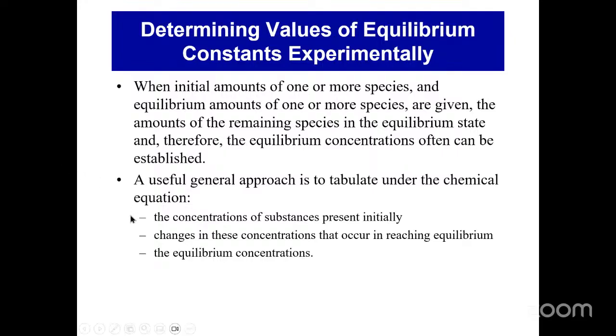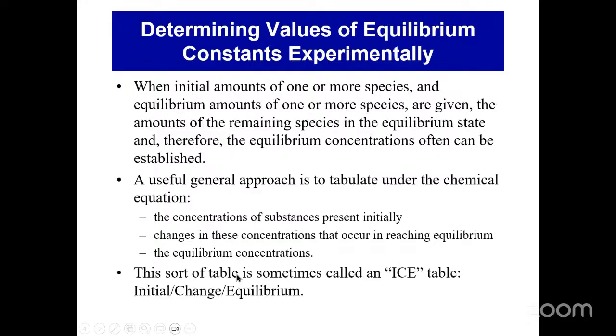So the approach that is generally useful for doing this is we determine the concentrations of all the components present before equilibrium, and then we determine the changes in the concentration as the system is moving towards equilibrium, and then based on those two, we can determine the concentrations at equilibrium. So we usually design a table which is nicknamed ICE, which stands for Initial, Change, Equilibrium, all right?